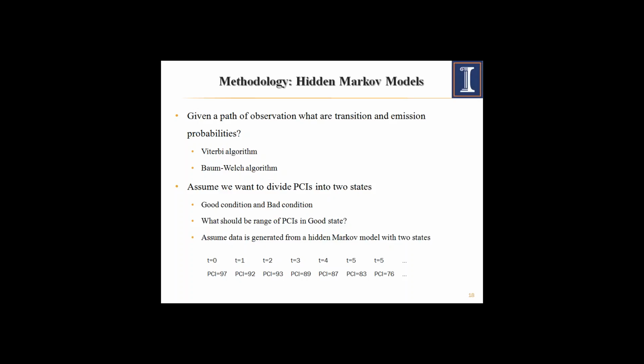For example, we want to divide PCI into two states, a good condition and a bad condition. So we have the data, and we assume that it is generated from a hidden Markov model.